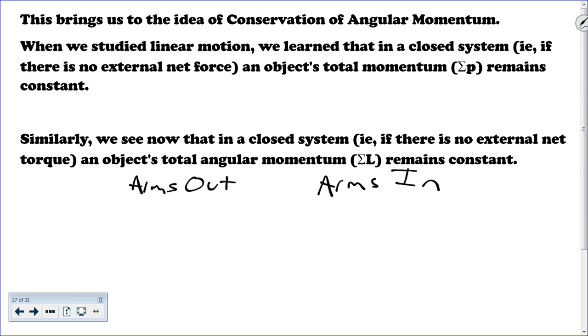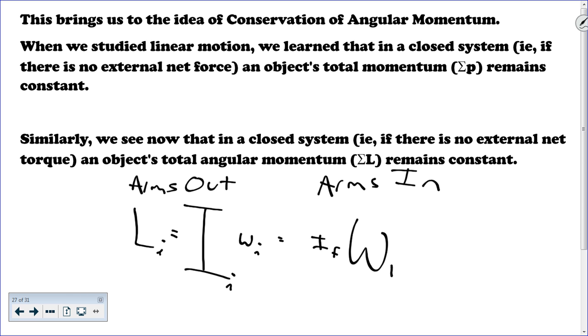So the idea is, with my arms out, my angular momentum is a large rotational inertia times a small angular velocity. Then I pull my arms in, which has the effect of decreasing the rotational inertia and increasing my angular velocity. But it's still the same amount of angular momentum. Does that make sense?